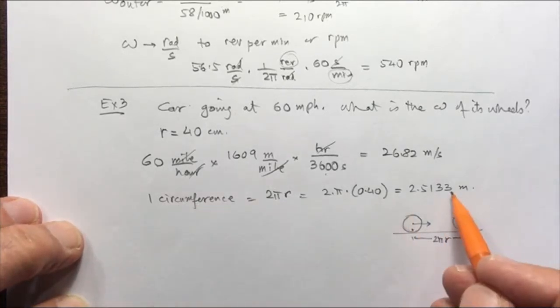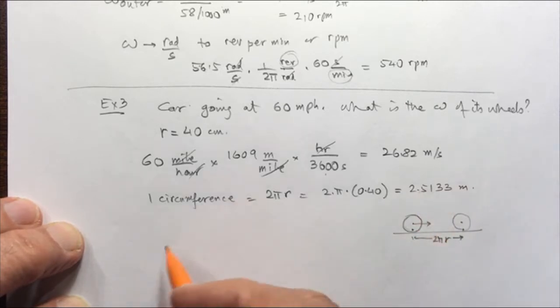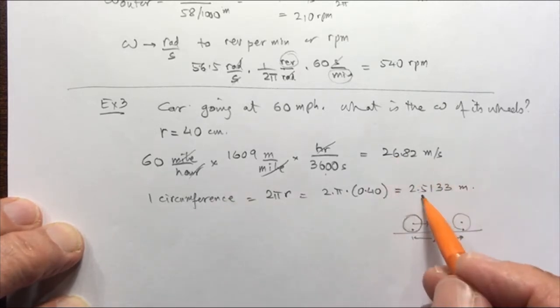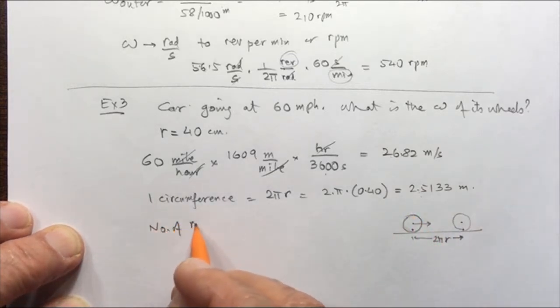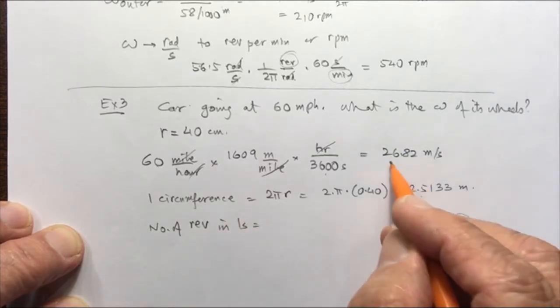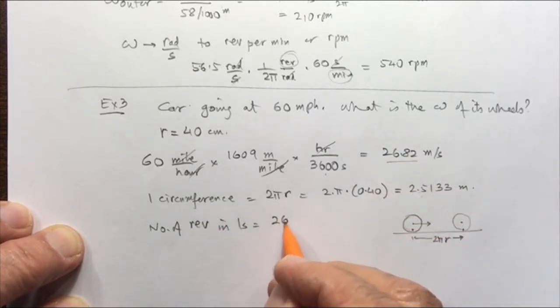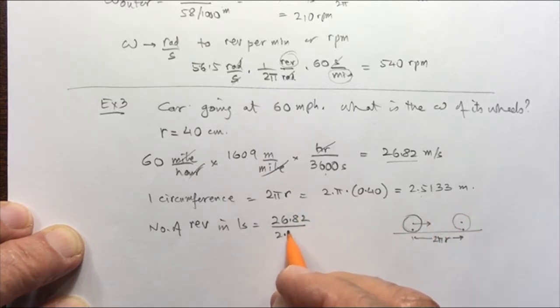So if one circle, or one revolution, is so many meters, and in 1 second it goes 26 meters, how many revolutions? So the number of revolutions it makes in 1 second is going to be the distance covered in 1 second, which is 26.82, divided by how much it needs per revolution.